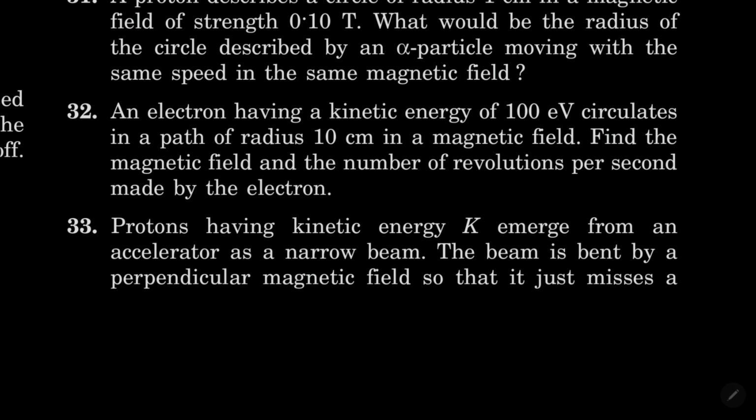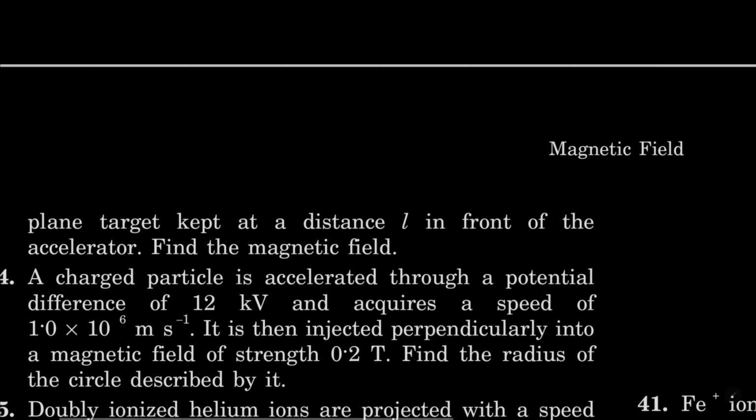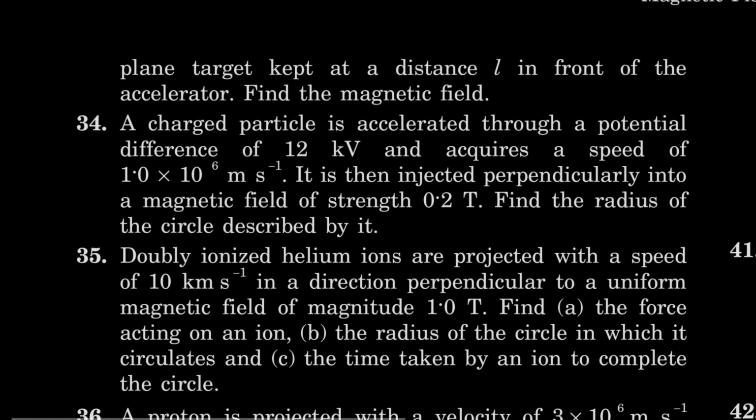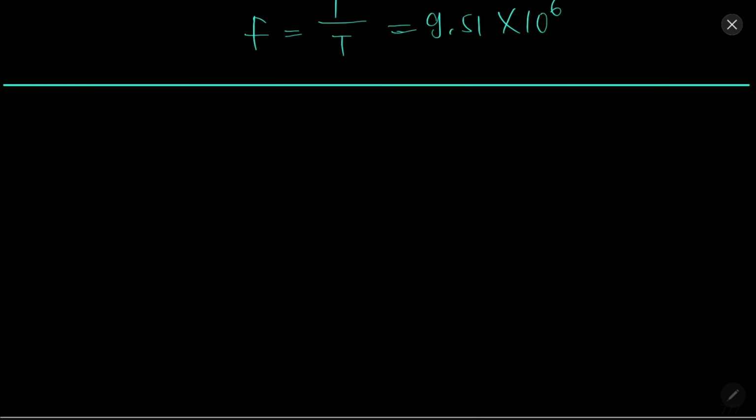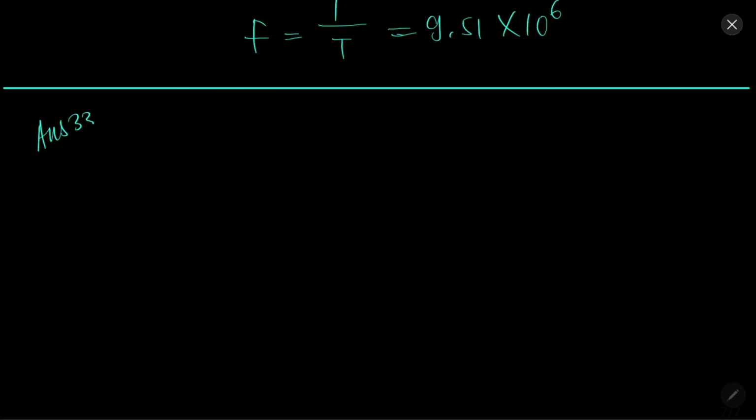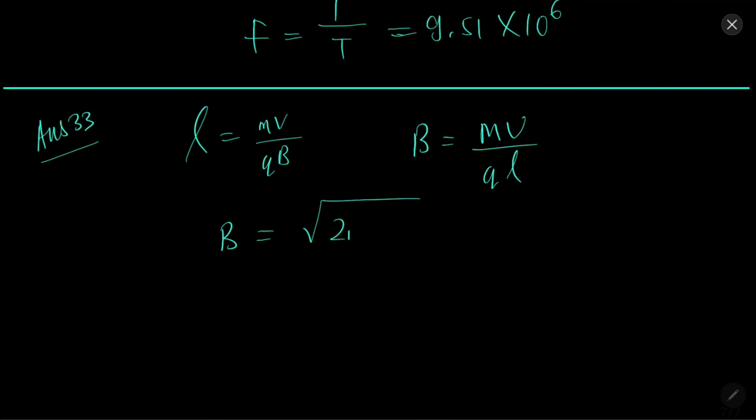In question 33, a proton has some kinetic energy. Find the magnetic field. Solution 33. So L will be mv by qB, or B will be equal to mv by qL. So B will be root 2 mK by qL.